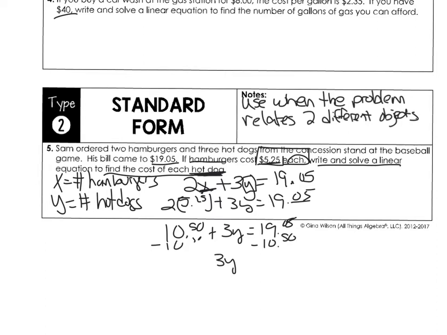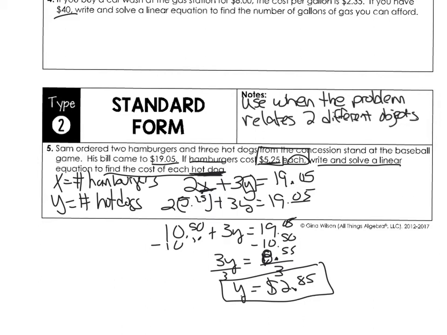So 3Y equals, oh, not 18, 8.55, right? So 8.55, so I need to divide by 3. So Y equals $2.85.